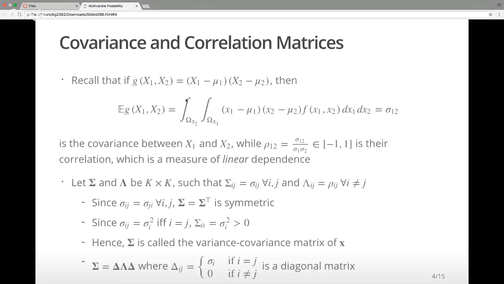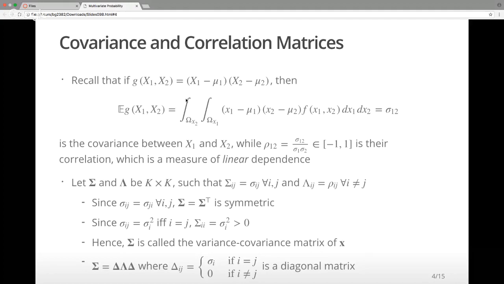Okay. So to just sort of break it down to the two-dimensional case, recall, and I think we've said this before, that if we define the g function as just x1 minus its expectation multiplied by x2 minus its expectation, and we integrate this over both dimensions, weighting by the bivariate PDF, we get the covariance between x1 and x2, denoted little sigma 1,2.